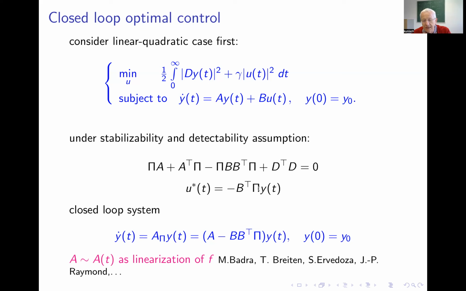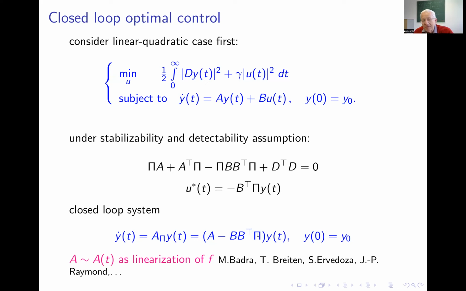I utilize this, I act on the state, I act with B transpose. I choose this as my U. I take this U star, stick it in the place of U into the dynamical system. And what I have done is I close the loop. This is the optimally controlled dynamical system in a feedback form. I have closed the loop.